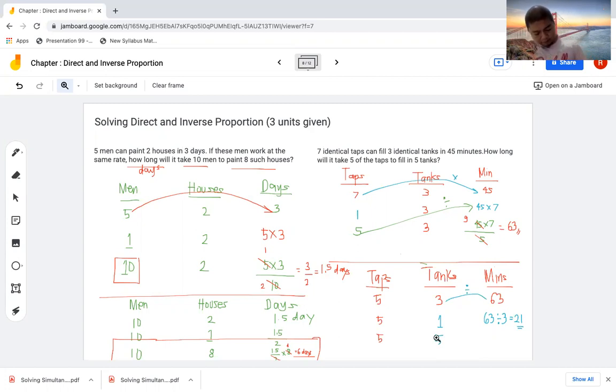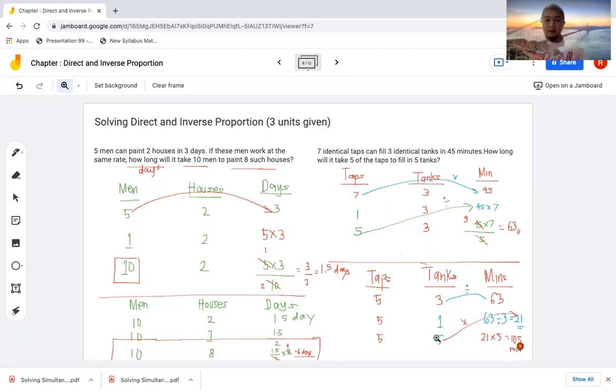So here, you will have this calculation to be multiplied. And this is going to give us 21 times 5, which gives us 105 minutes.